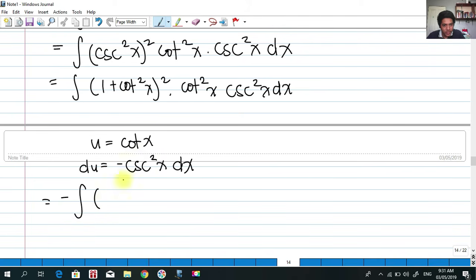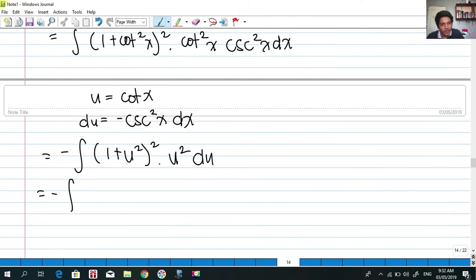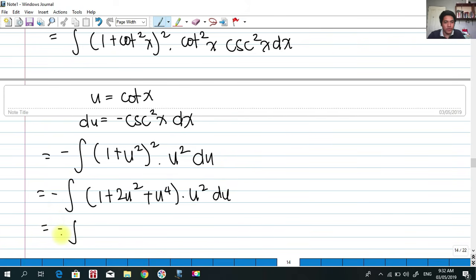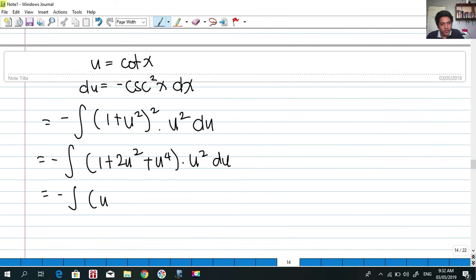Letting u be cotangent x, we have 1 plus u squared, raised to 2, multiplied by cotangent squared, that is u squared. Cosecant squared x dx, that is du simply. And again, negative of the 1 plus 2u squared plus u raised to 4, multiplied by u squared du outside. So simplifying further, we have u squared plus 2u to the 4th plus u raised to 6 du.